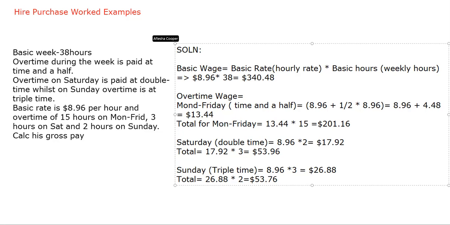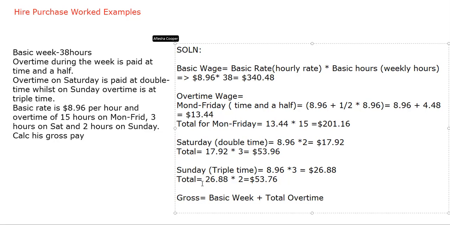We have our overtime for Monday to Friday, our overtime for Saturday, our overtime for Sunday. So the gross now will be the sum of all. So this will be his basic week plus total overtime.